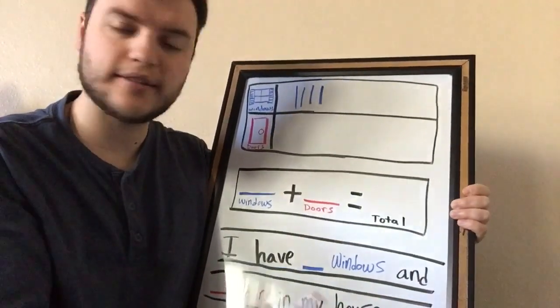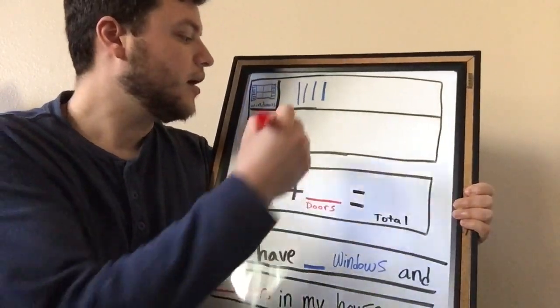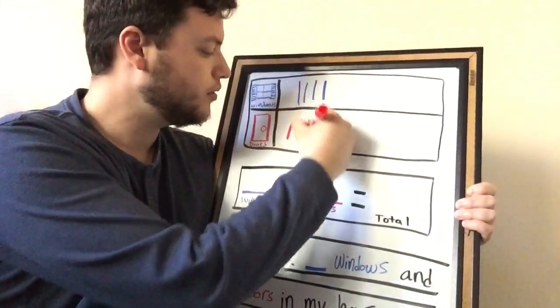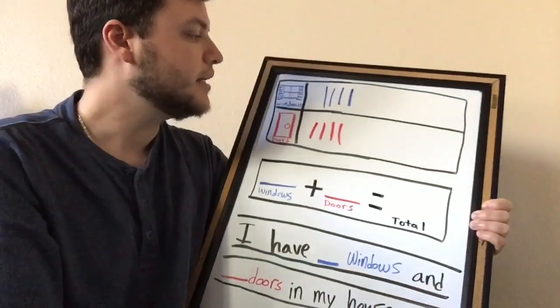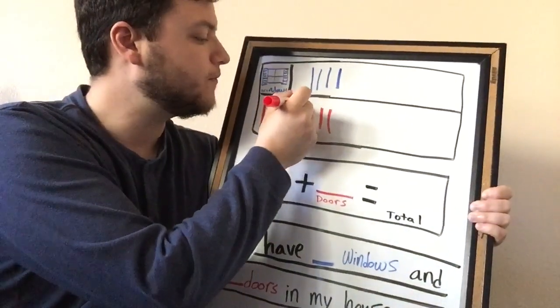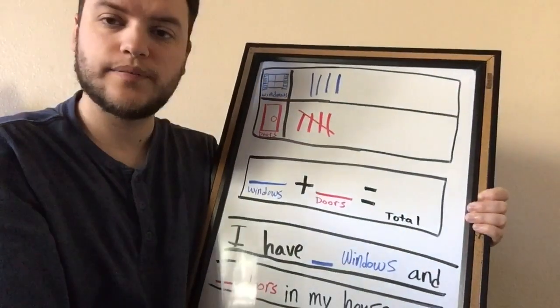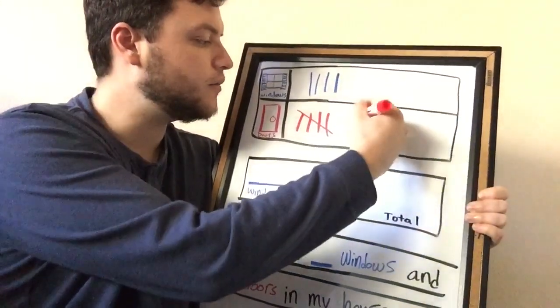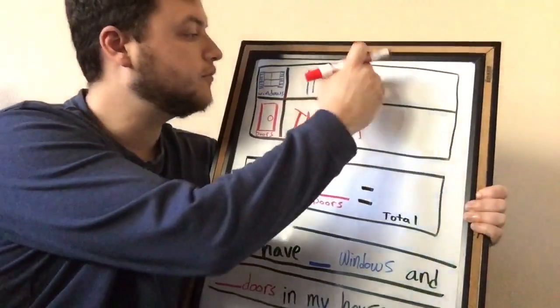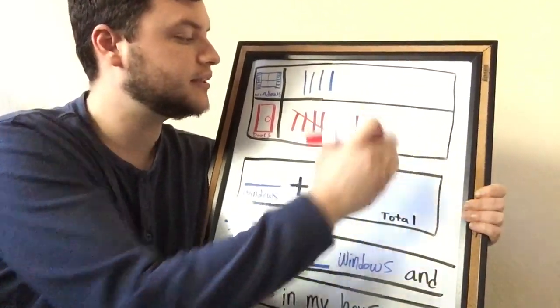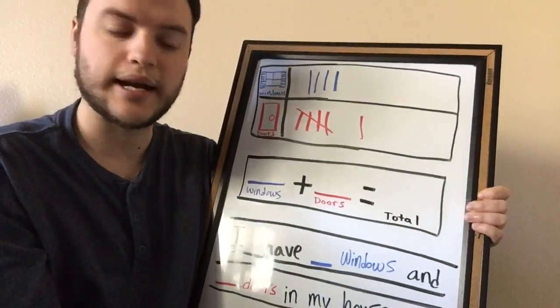No, we know that that's not how tally marks work. I go 1, 2, 3, 4, and I don't just keep going lines. My next one, 5, I make a gate, and then 5 and 1 more gets us 6. Okay, so that's 4 windows, 6 doors in my house.